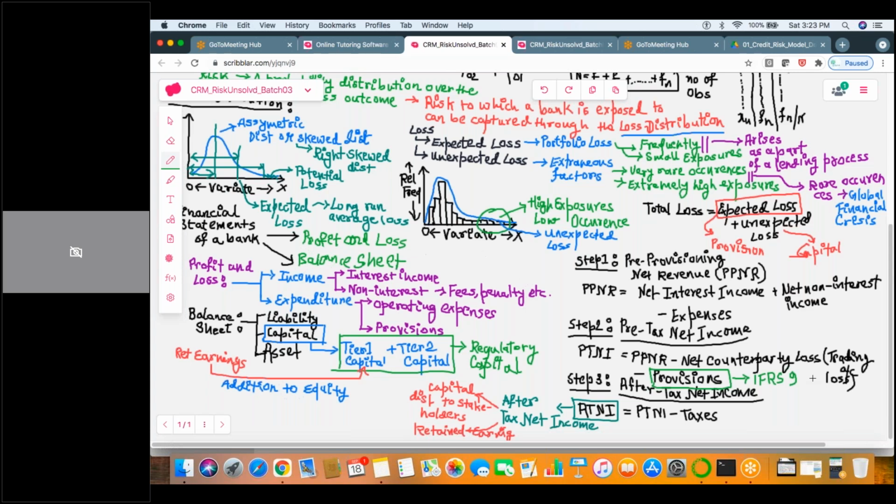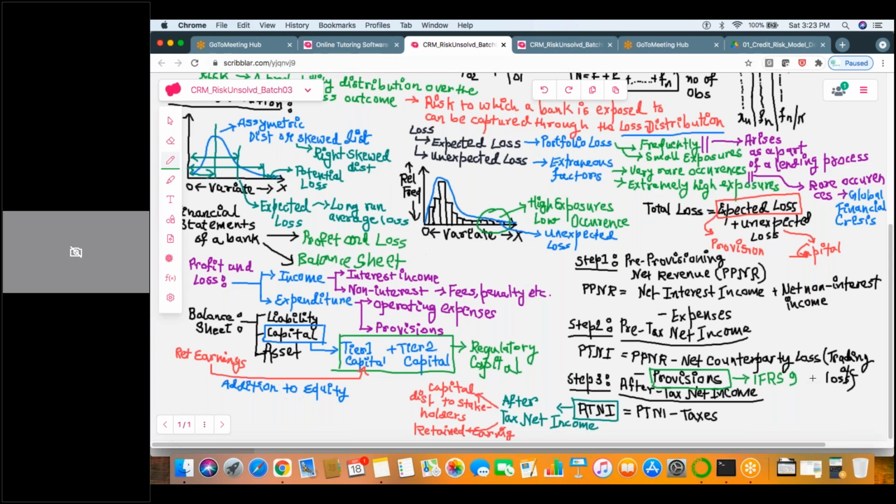Right. So the net counterparty loss, the provisions, and the IFRS. That's why the provisioning has to be optimally captured and optimally managed. And the guideline that helps in managing that is the IFRS 9 guideline.